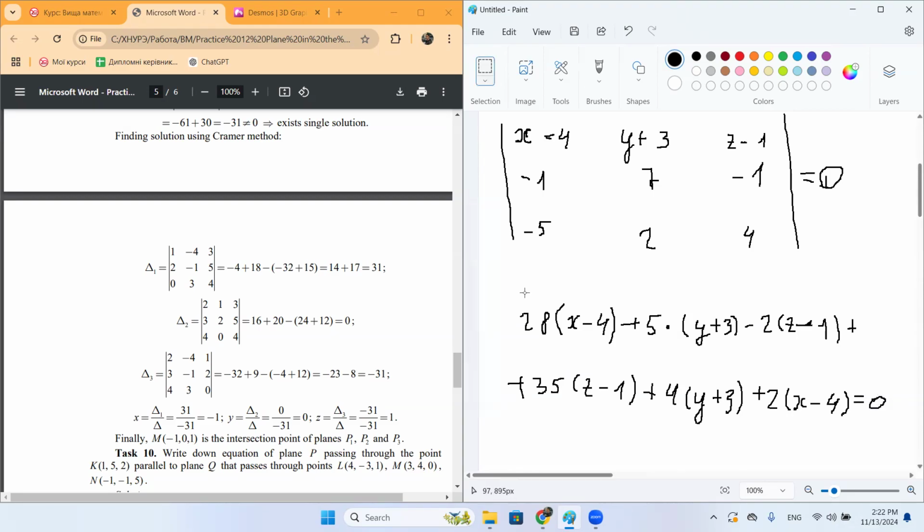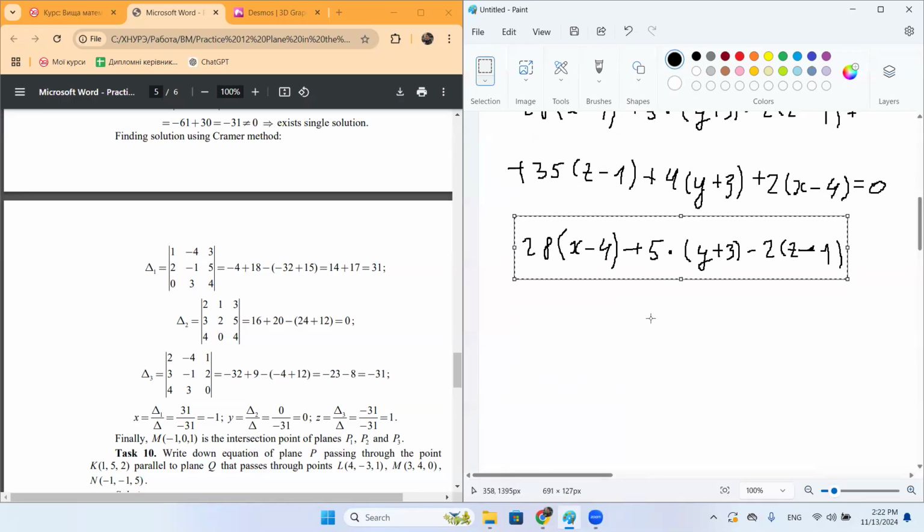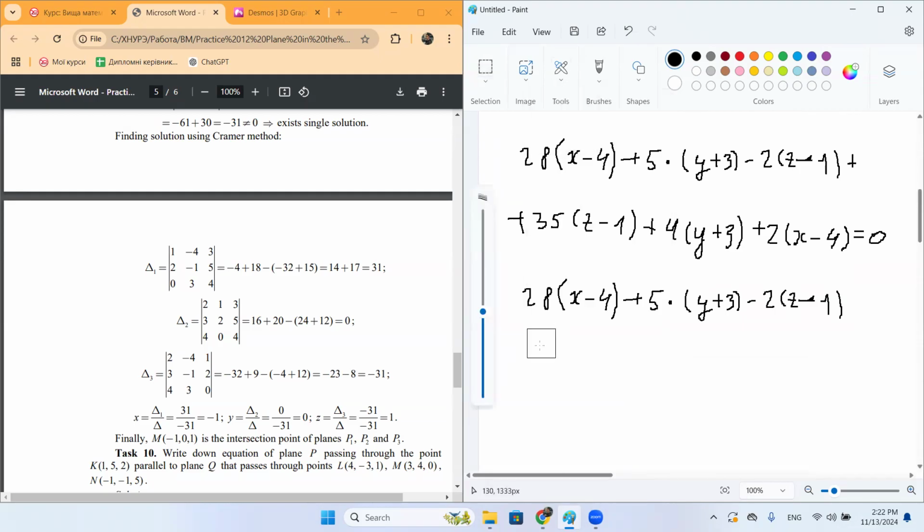And now let's simplify it. I will just add all the coefficients before the brackets. So for x, 28 plus 2, so 30. Then 5 plus 4, 9. And 35 minus 2, plus 33.